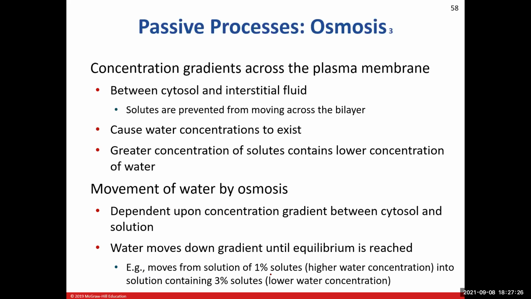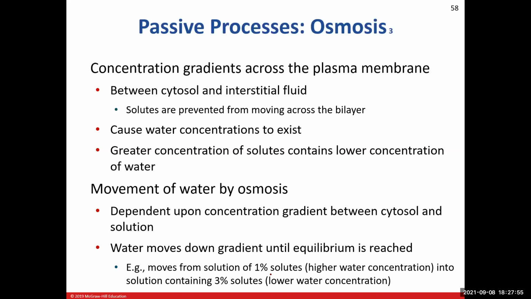Okay, so when we're dealing with osmosis, we have to establish that water will move if there's a difference in the concentration gradient. So we understand that that concentration gradient is going to exist across the plasma membrane. Specifically, it's going to be the concentration gradient between the cytosol, the intracellular fluid, and the fluid outside the cell, which is the interstitial fluid.